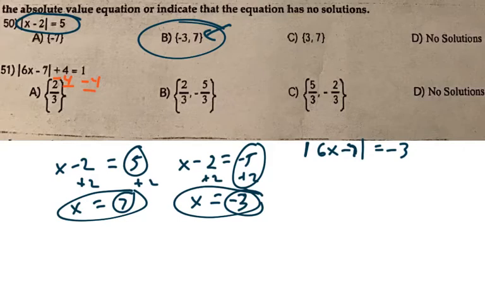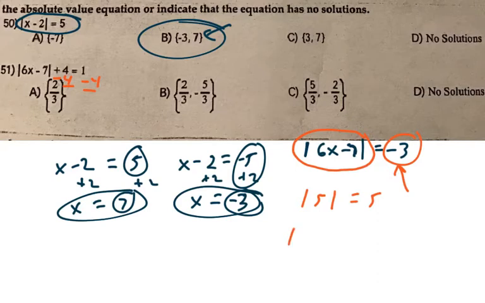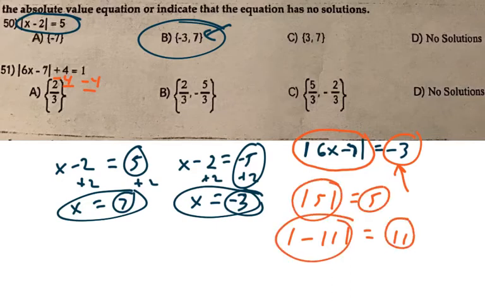Please remember, think about this. Can the absolute value ever end up being a negative value like -3? If I, for example, took the absolute value of 5, isn't that positive 5? If I took the absolute value of -11, isn't that still positive 11? So absolute values always yield positive values at the end, correct?